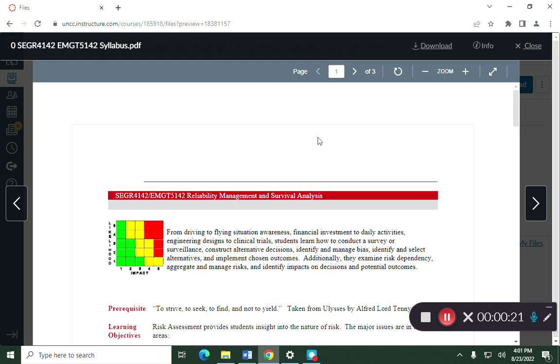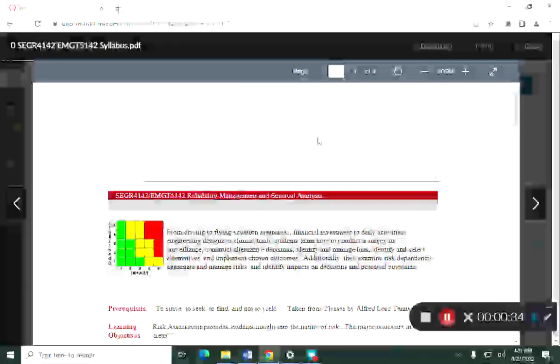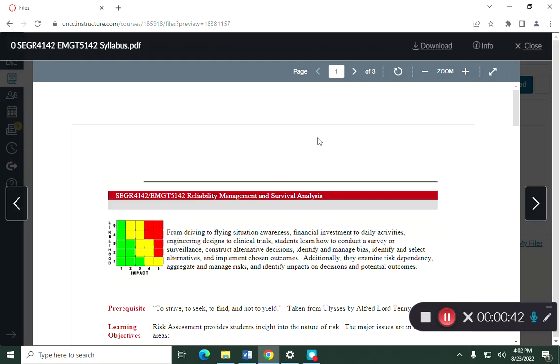Welcome to SEGR 4142 or EMGT 5142, Reliability Management and Survival Analysis. In the past there were 2 courses, but in reality the math involved is exactly the same, so I just decided to combine the 2 together.